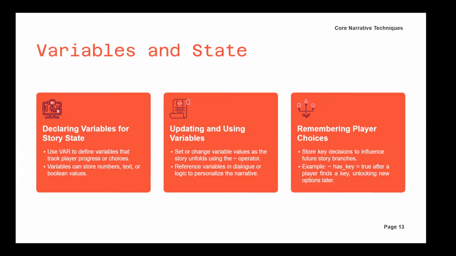In order to update a variable after you declare it, because it has to be declared first, and once you declare it, you can then change that variable in your story by using the tilde operator. And then your dialogue can actually reference those variables.